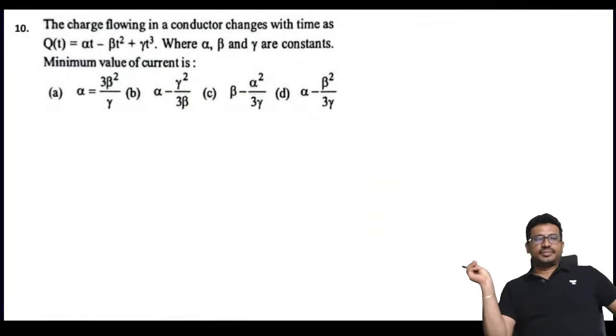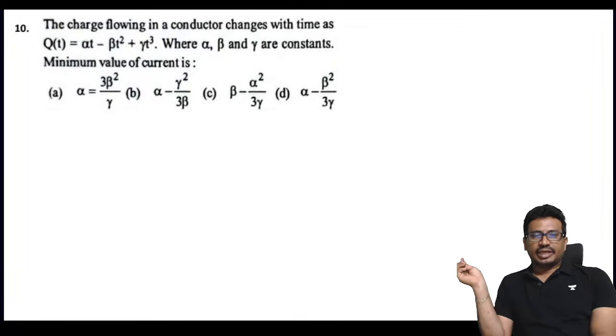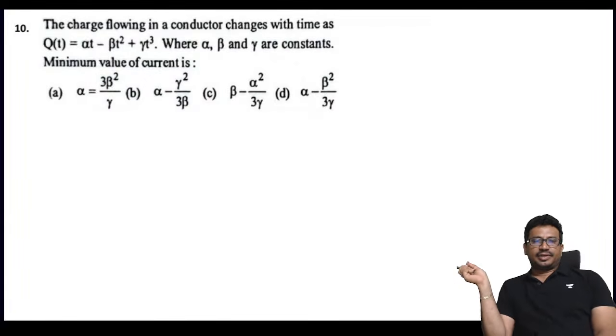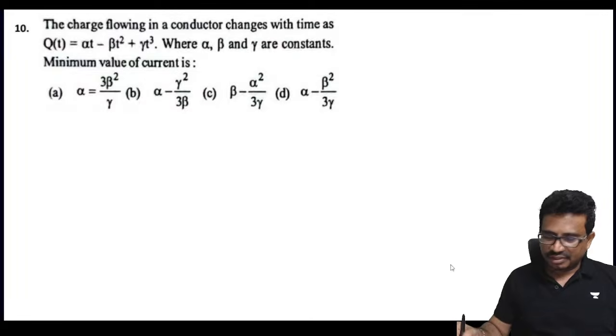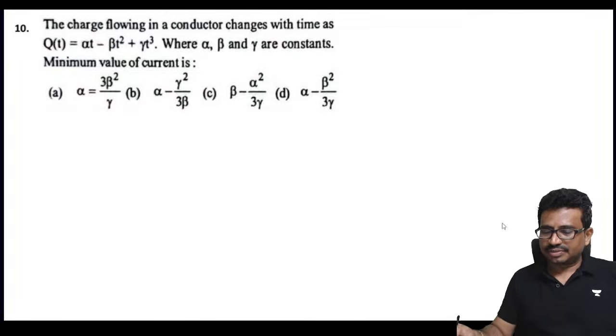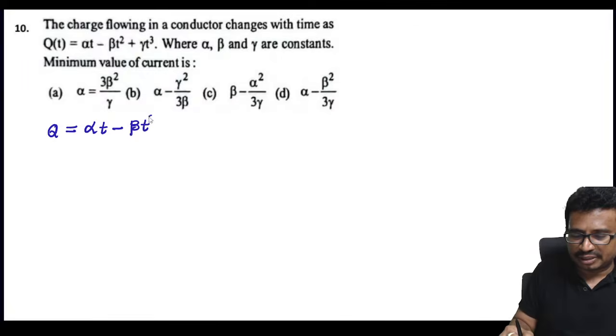Next, the charge flowing in a conductor changes with time as given. The minimum value of current is what they are asking. So Q of t, charge given as alpha t minus beta t square plus gamma t cube, right?